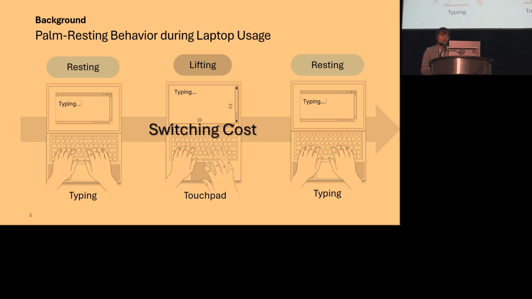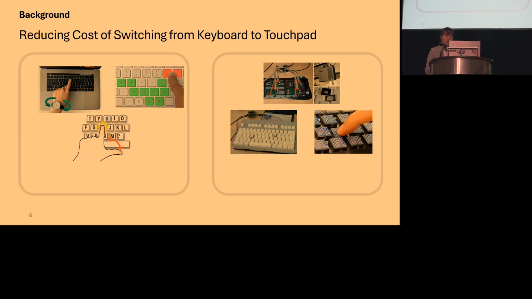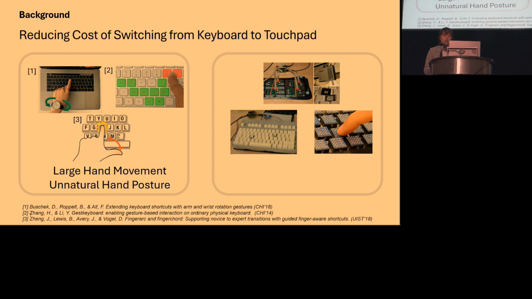Users spend most of their time in a resting position while keyboard typing. However, users frequently break their palm resting state while interacting with the touchpad, and this incurs a physical cost of switching between the keyboard and the touchpad. Previous studies have attempted to reduce this switching cost and enable intuitive command input.